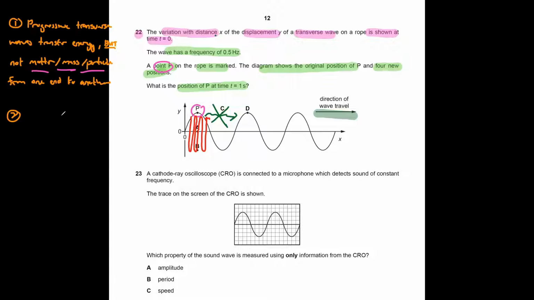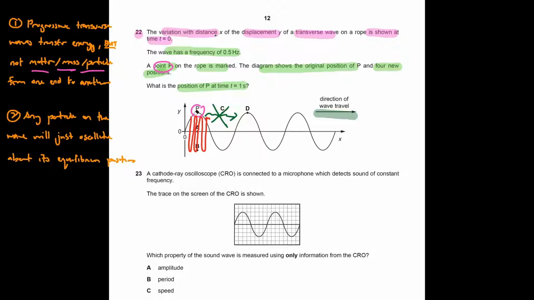So what I can say here is that any particle on the wave will just oscillate about its equilibrium position. So particle P will just oscillate about its equilibrium position, and then after that it will have a certain period associated with its oscillation.